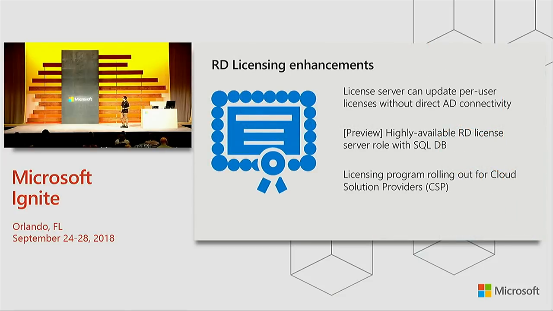The other stuff we did in 2019 was really continue to invest in licensing. No matter which desktop virtualization solution you have, if you're using our session host, you're also using our licensing server. The first thing we did is we knew that a huge part of our growth in Azure was because we have these hosting partners that want to host solutions for multiple organizations.